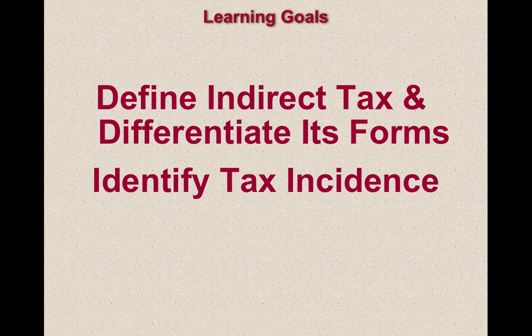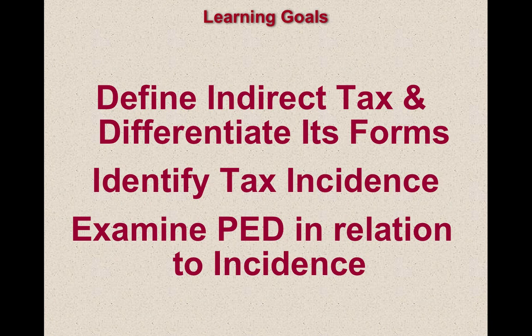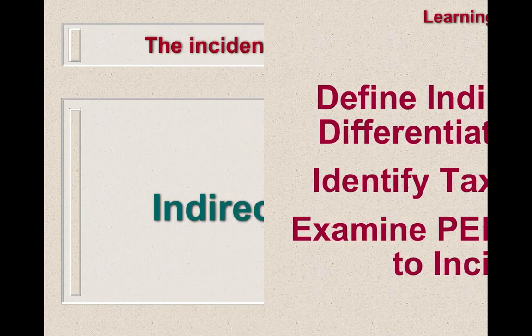Finally, you're going to examine the steepness of the curve of demand, or the price elasticity of demand, in relation to that tax incidence. So you'll know, based on the PED of an item or PES, who will be paying more of the tax. We'll get into that in just a moment, but let's get started.